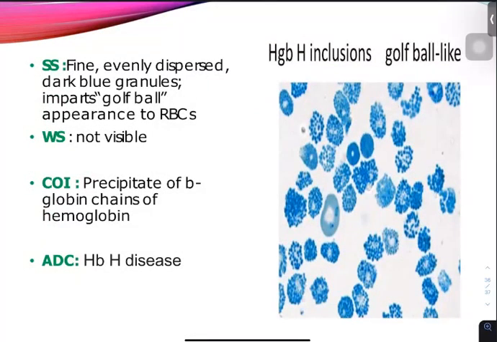Hemoglobin H inclusions: golf ball-like, fine, evenly dispersed dark blue granules which give a golf ball appearance to your RBC. There are too many blue granules, so the RBC looks like a golf ball. Precipitate of the beta globin chain of hemoglobin. Usually associated with hemoglobin H disease.